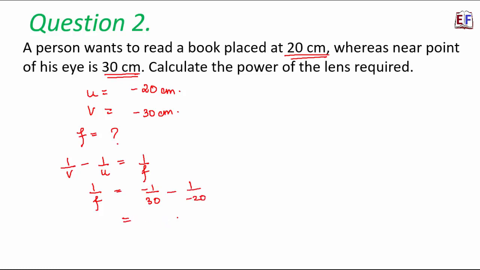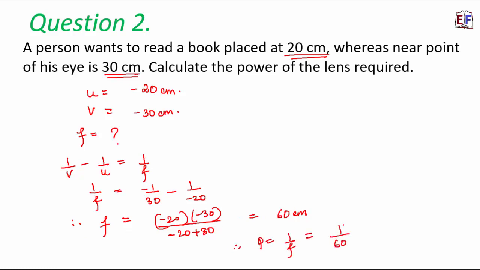So this will be equal to minus 20 into minus 30 divided by minus 20 plus 30, which is equal to 60 centimeters. So this would be the focal length. Therefore power is equal to 1 by F, that is 1 by 60, but we need to convert it into meters. So therefore this is 1.67 diopter. So this would be the power of the lens.